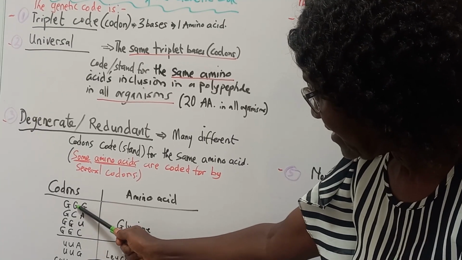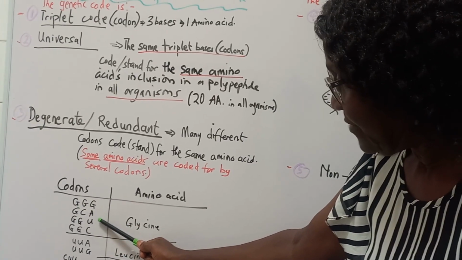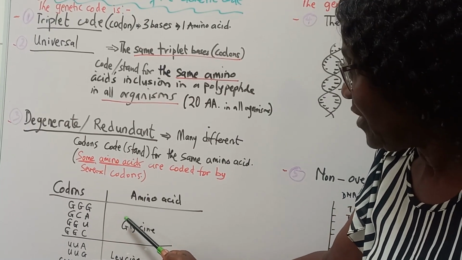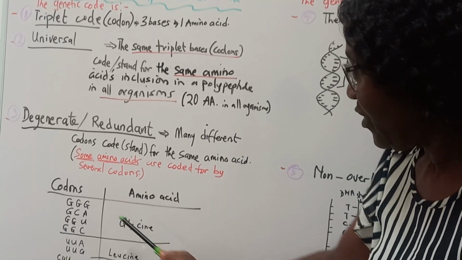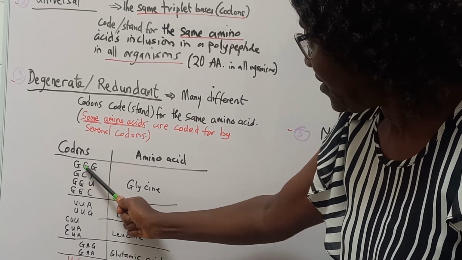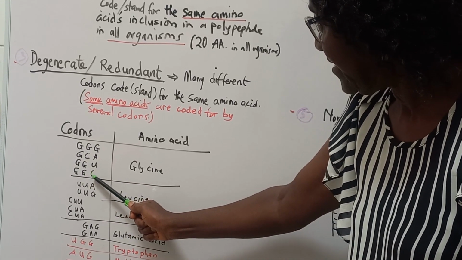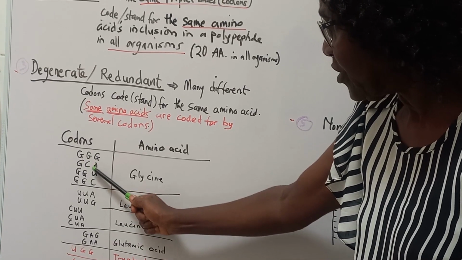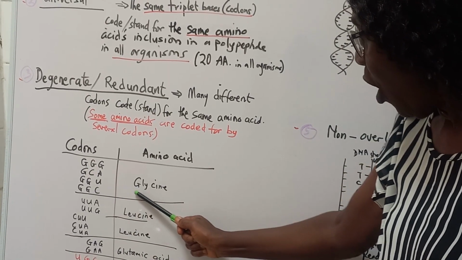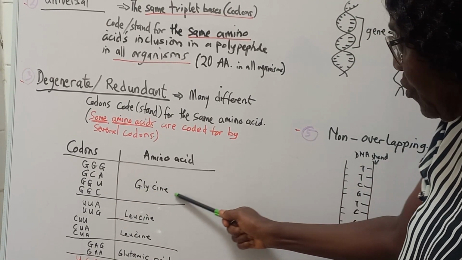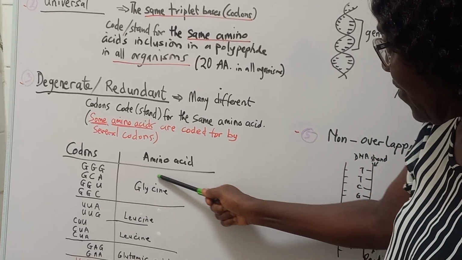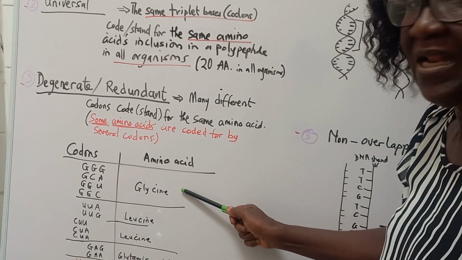We show them in messenger RNA, because the RNAs are the ones that are going to put the amino acids together. So we have GGG, GCA, GGU, GGC. These different codons will all code for the inclusion of the amino acid glycine in a polypeptide.